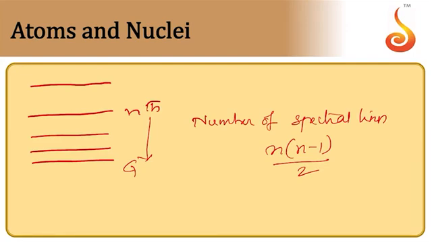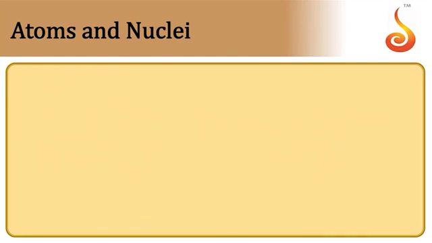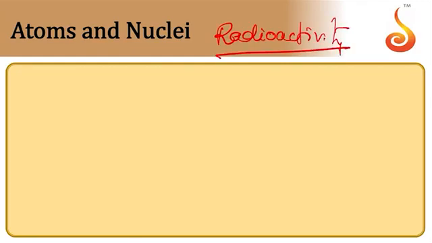The next idea is the idea of radioactivity. Radioactivity is a process in which spontaneous disintegration of the atoms of heavy elements takes place with the emission of alpha or beta or gamma radiations.